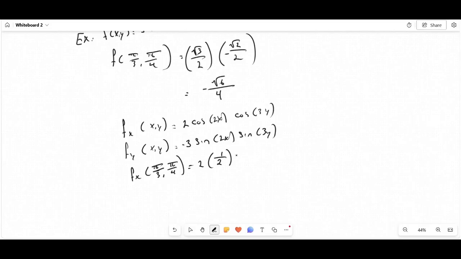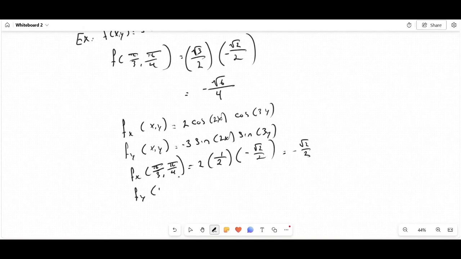And then I want the same cosine, so that's still negative root 2 over 2. This just comes out to be negative root 2 over 2 because the 2 and the 1/2 cancel.